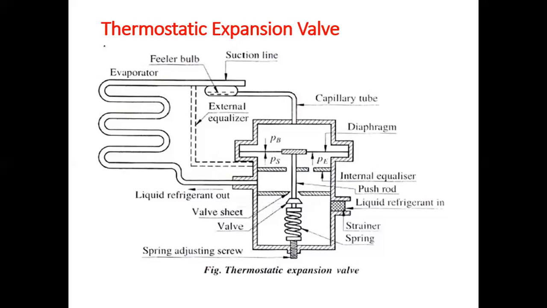The low filler bulb pressure is transmitted through the capillary tube to the diaphragm and moves it upward. This reduces the opening of the valve and thus the flow of liquid refrigerant to the evaporator. The evaporator pressure decreases due to the reduced quantity of liquid refrigerant flowing to the evaporator. This continues till the evaporator pressure and the spring pressure maintain equilibrium with the filler bulb pressure.